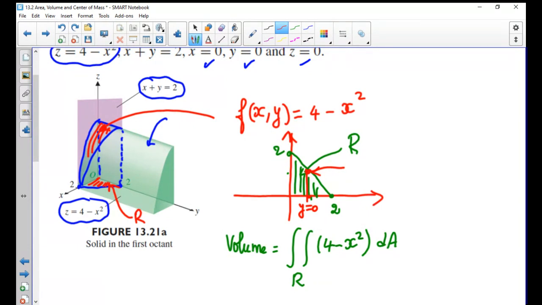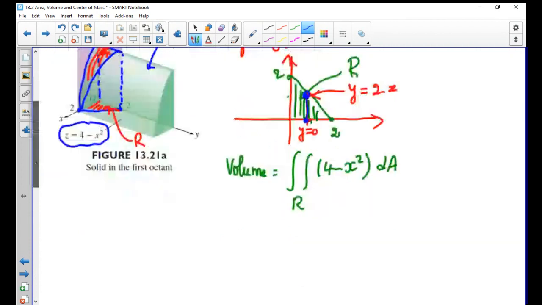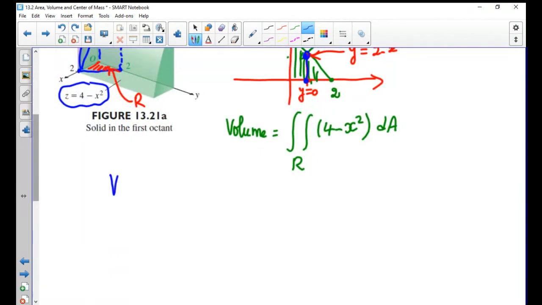Yeah, it will come from the plane itself. So it's basically x plus y equal 2. So we can write it as y equal 2 minus x. So I could integrate with respect to y from 0 to 2 minus x, and then with respect to x from 0 to 2. That's it.